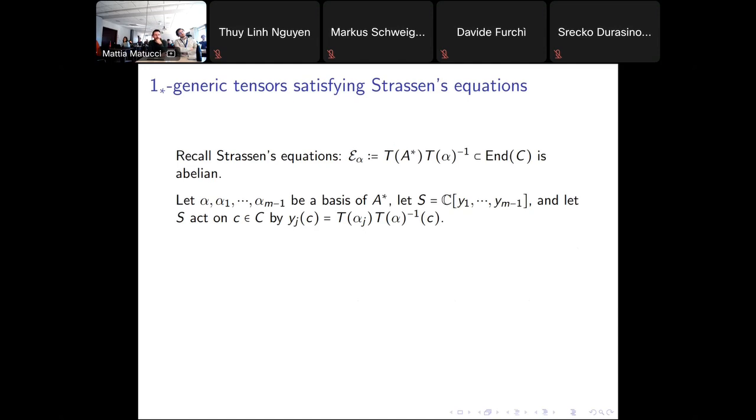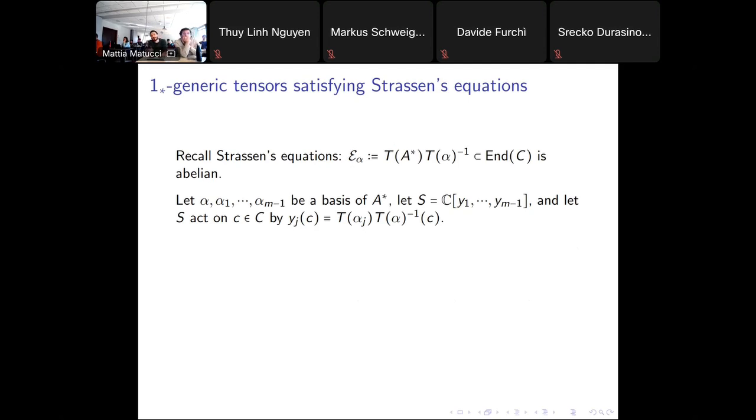So now we think of our polynomial ring, and we can make our polynomial ring act on the vector space C because these matrices commute. I can upgrade this to an action of the polynomial ring because polynomials have to commute. So I just have the variable y_j act on the vector in C like this matrix.